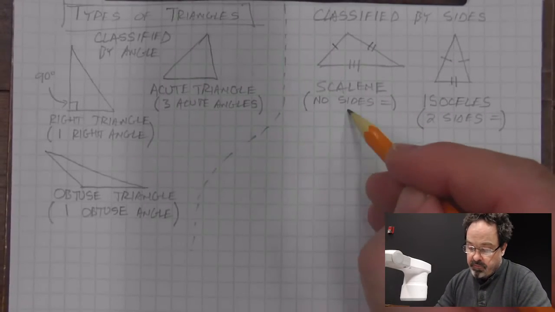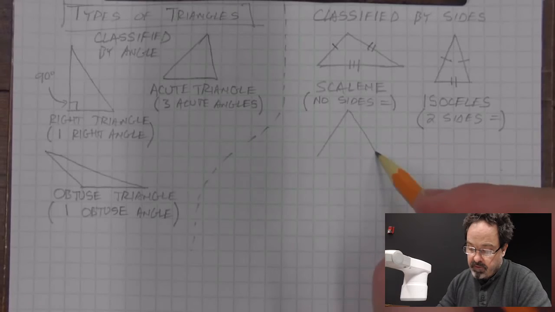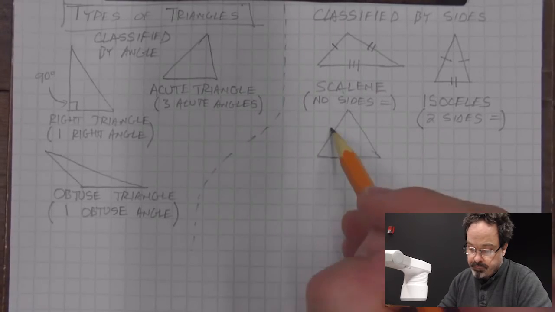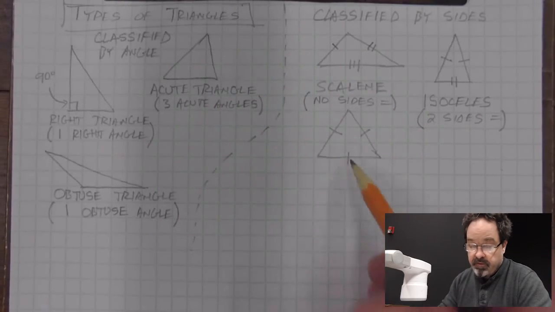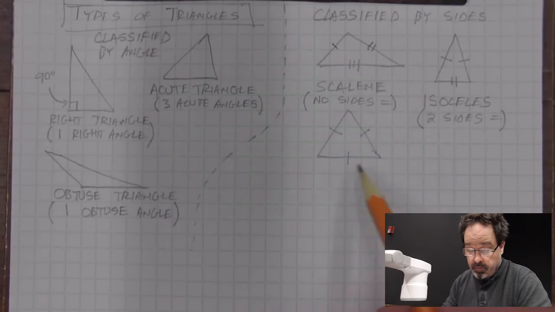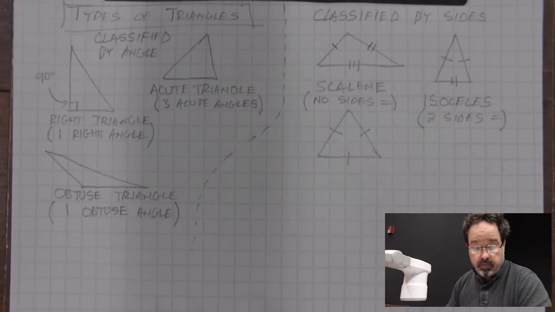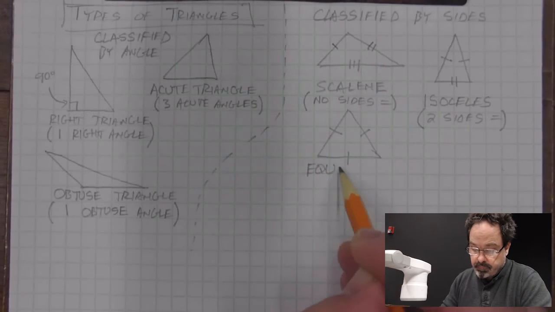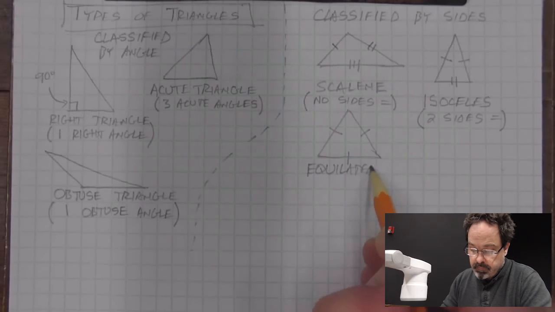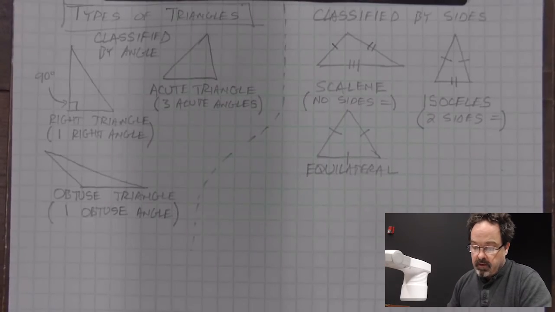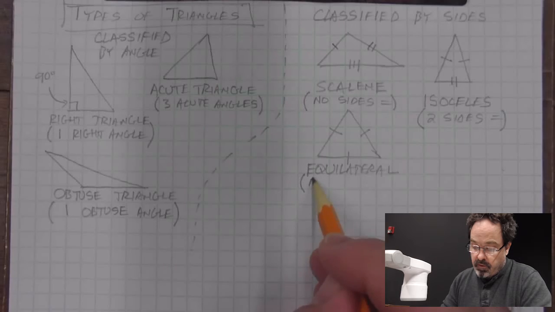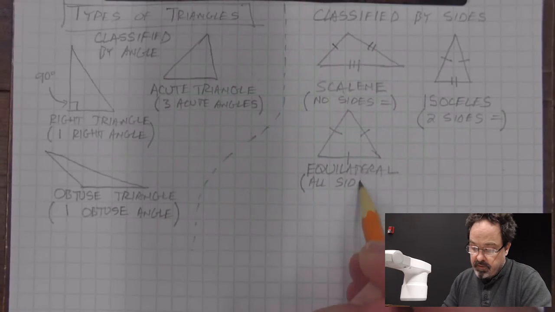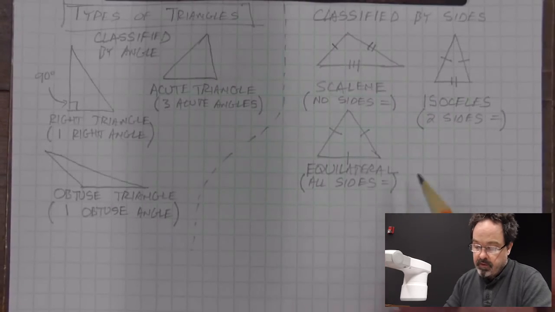Triangles have three sides, of course. If all three sides are equal, we could put one tick mark to say they're all equal to each other. We may not know their measure, but we know that they're all equal. This is called an equilateral. An equilateral has all sides being equal.